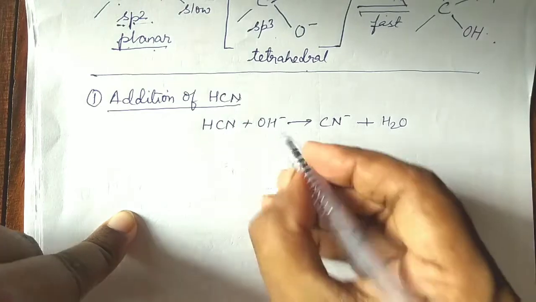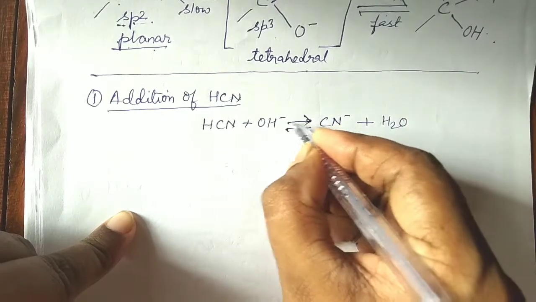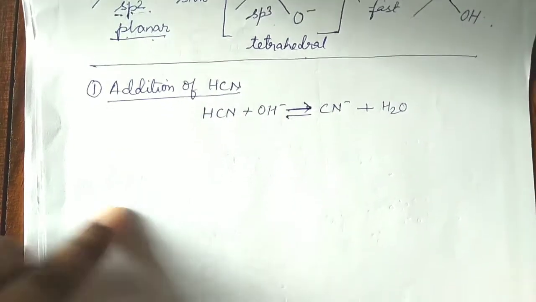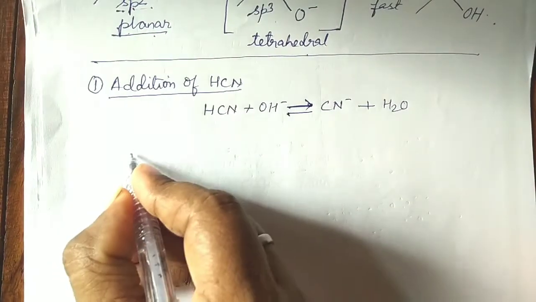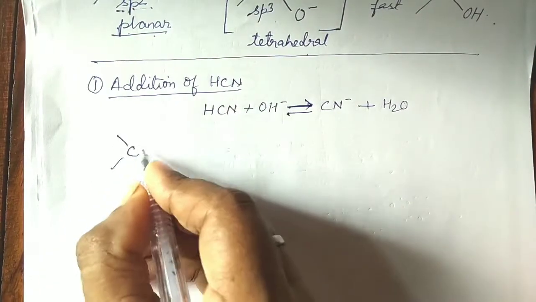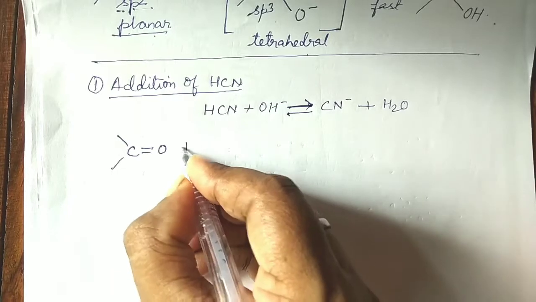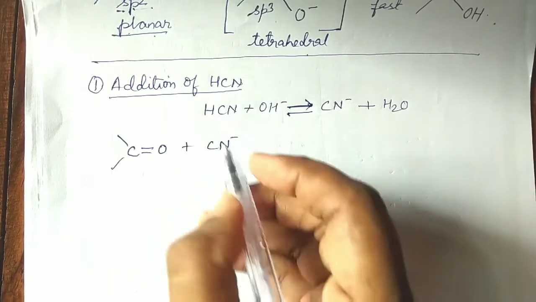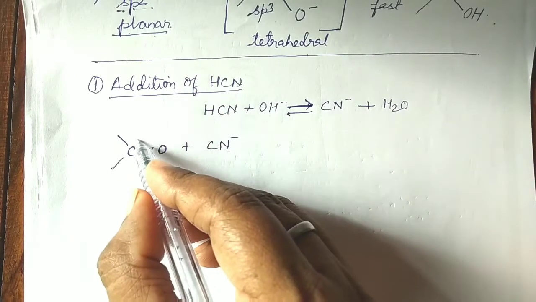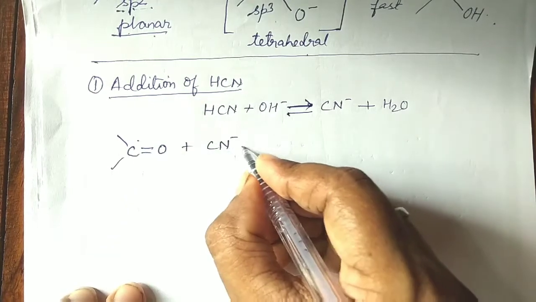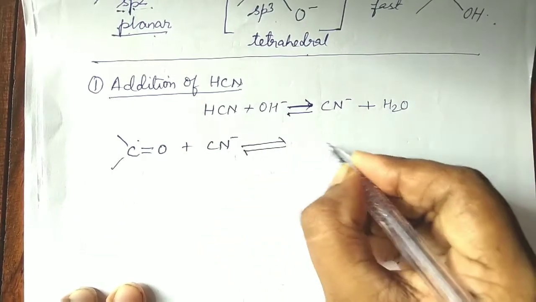This reaction will also be a reversible reaction. So we will see how the reaction will proceed. This is the carbonyl carbon, it will react with cyanide ion, and as I told you, the attack will take place perpendicular to the plane of the molecule. Reversible reaction.